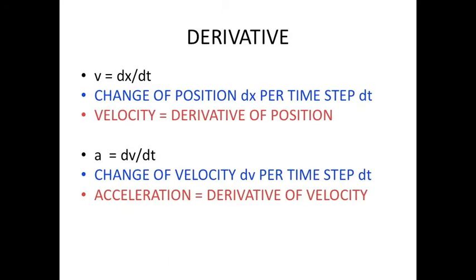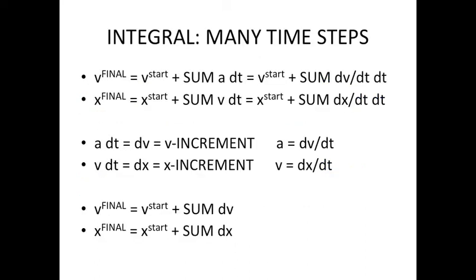Similarly, velocity v is equal to change of position dx per time step dt. That is, v is equal to dx over dt. This leads to the notion of derivative. Velocity as change of position dx per time step dt is the derivative of position. Similarly, acceleration as change of velocity dv per time step dt is the derivative of velocity. The integral results by summing increments of the form derivative times dt.